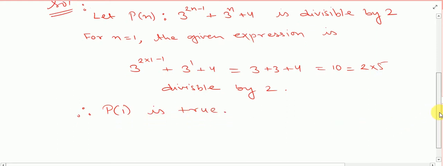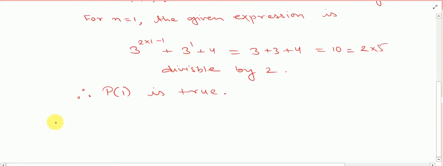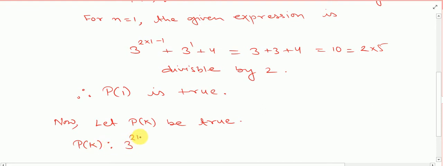Next we have to assume that Pk is true. Okay, so now let Pk be true. So Pk is true, that means 3 to the power 2k minus 1 plus 3 to the power k plus 4 is divisible by 2.